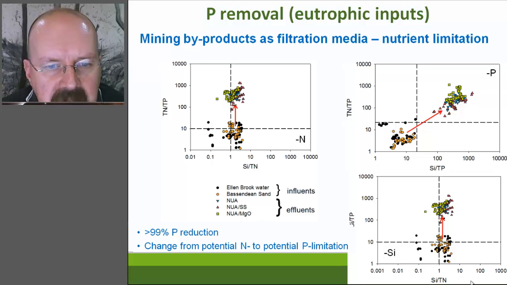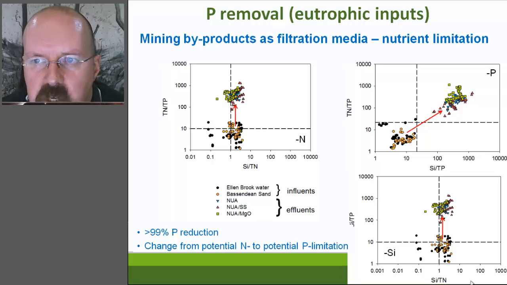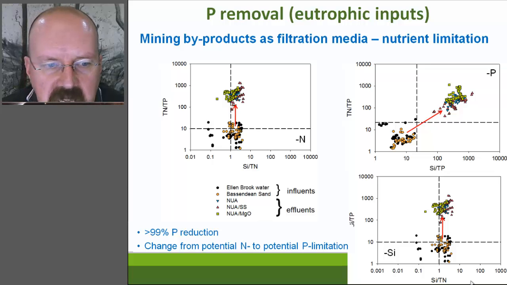What you can see is after the Ellenbrook water flows through this column media packed with Bassendean sand, we see a major change away from potential nitrogen limitation. We look at the top right-hand diagram, we see a major change back towards strong potential phosphorus limitation, and in the bottom one, a move away from potential silicon limitation.